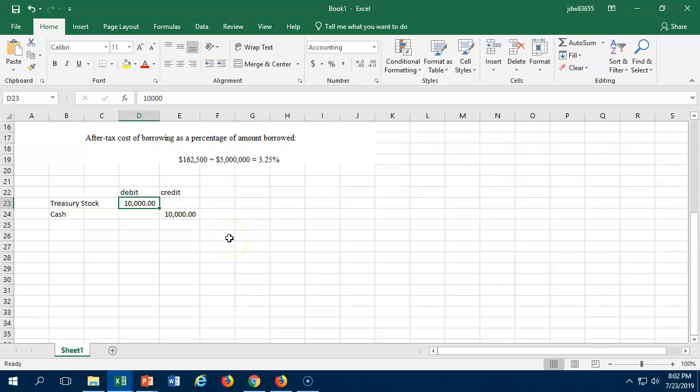Okay. So the question asks us to explain the effects it would have on the balance sheet. And then the second question, why do corporations purchase their own shares? So, why would a company want to buy back shares that they've already issued?